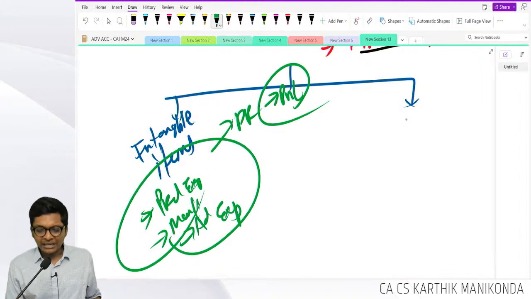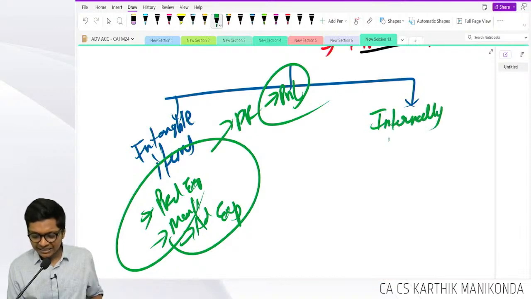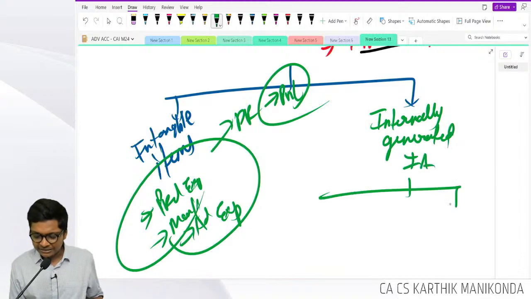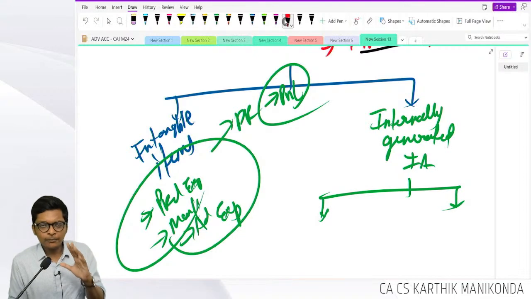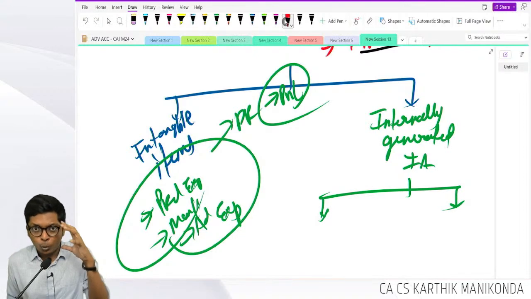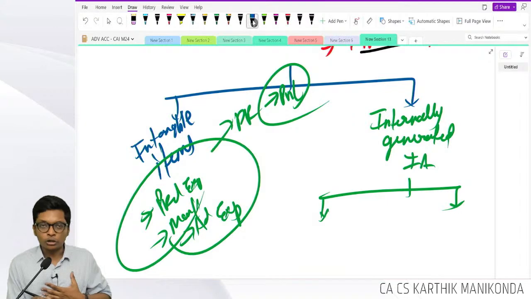Coming to the last part in the standard, internally generated intangible assets theory, anything they can ask. I'm going to focus on the exam, not telling you logic. There is a logic why we are doing this, but this class is not for logic.